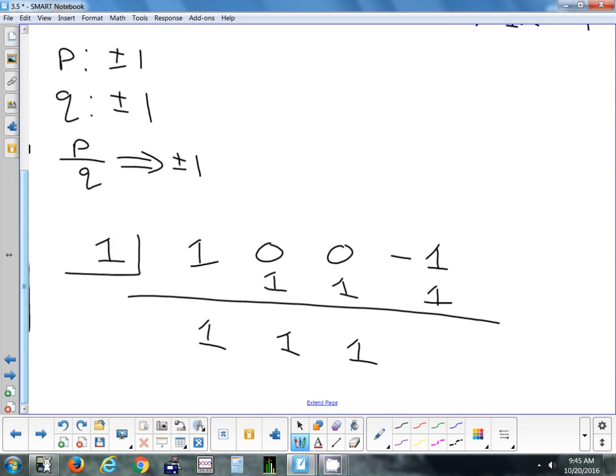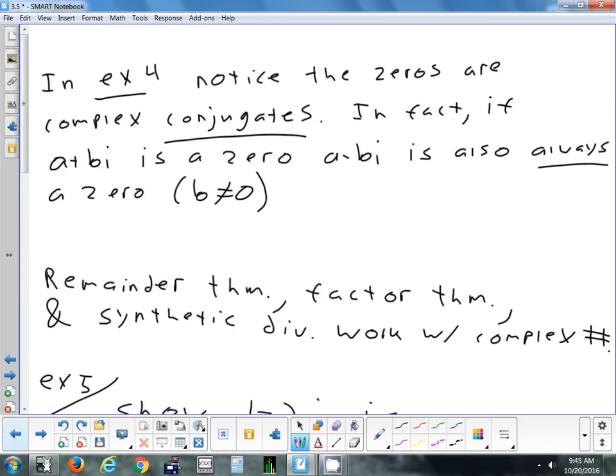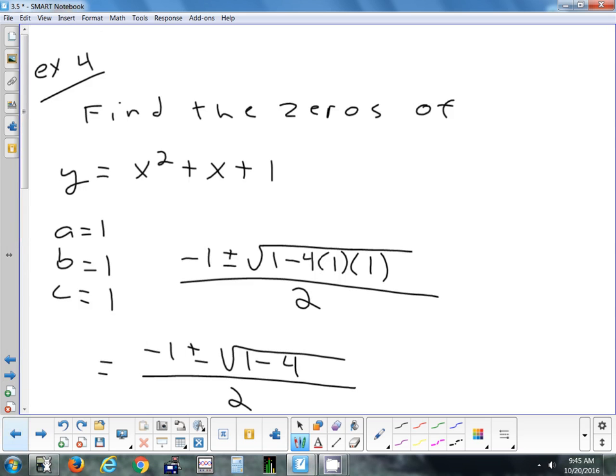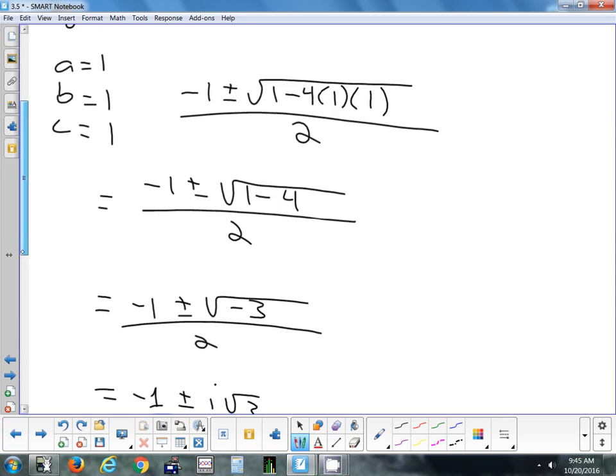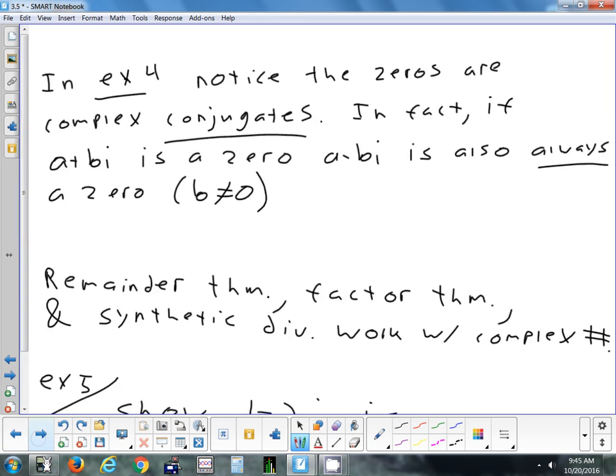And negative 1 plus 1. 0. I already knew that that was going to be the remainder. This is my quadratic. A is 1, B is 1, C is 1. Didn't we already solve that? Yeah. So if I didn't have the work, I would have to do that out. But here's the work. A is 1, B is 1, C is 1. These are my other two answers. Negative a half plus root 3 over 2i and minus root 3 over 2i.